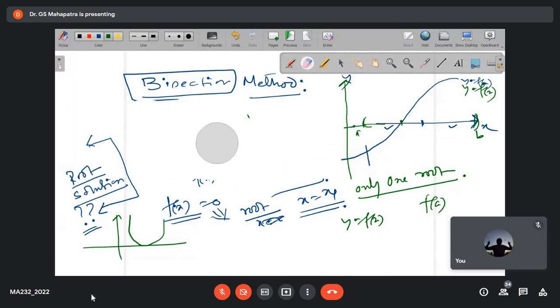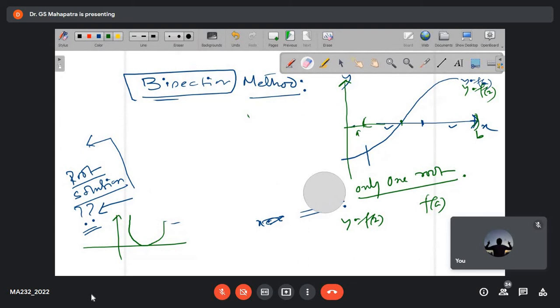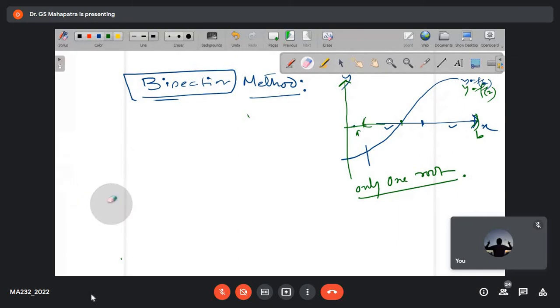As per our discussion, we know the root. What is root? The root is f of x equals 0. For what value of x? That one we have to find. These are the roots.